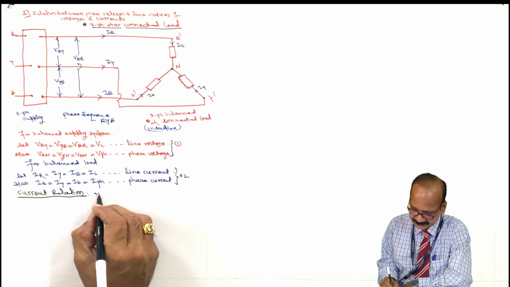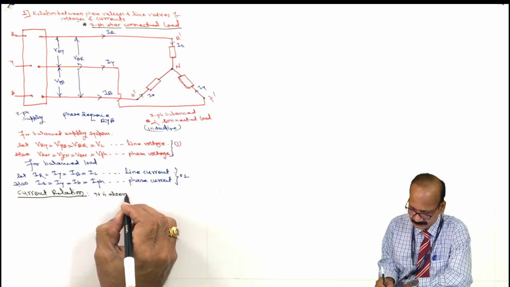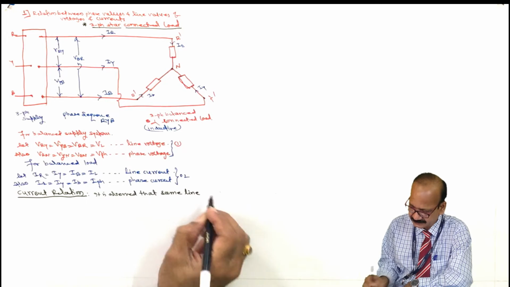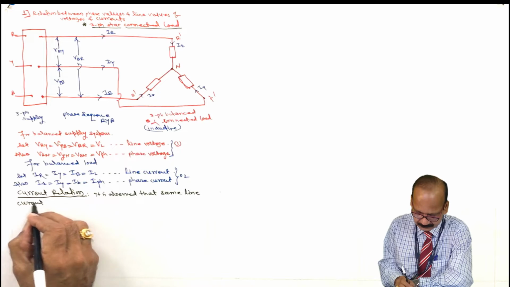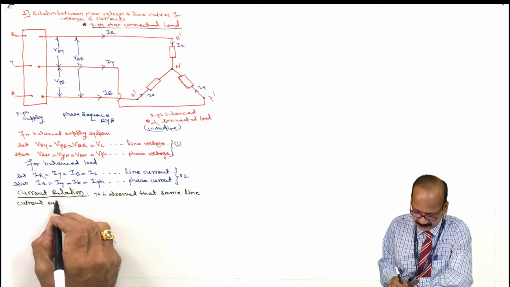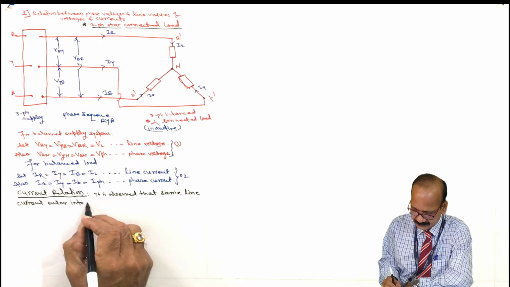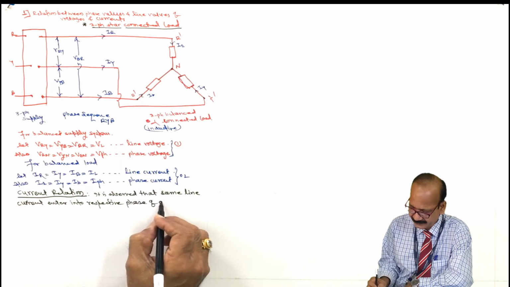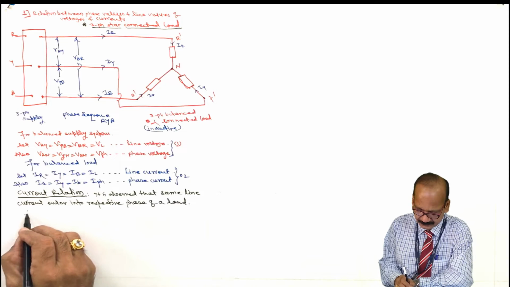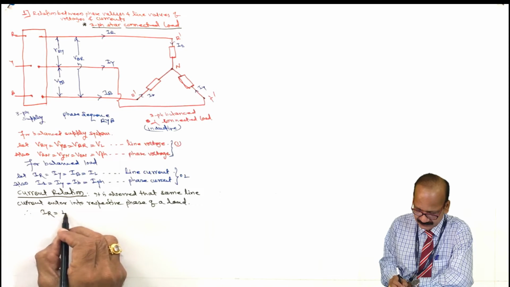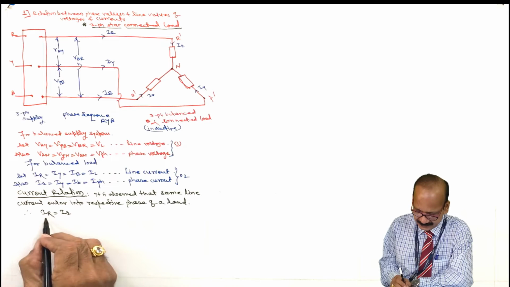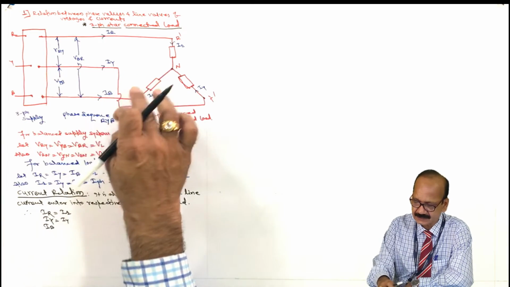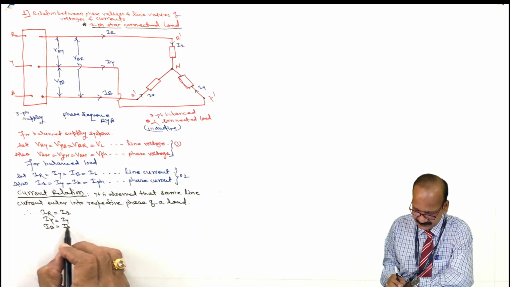So it is observed that the same line current enters into the respective phase of a load, and therefore I capital R equal to I small r, I capital Y equal to I small y, I capital B equal to I small b.